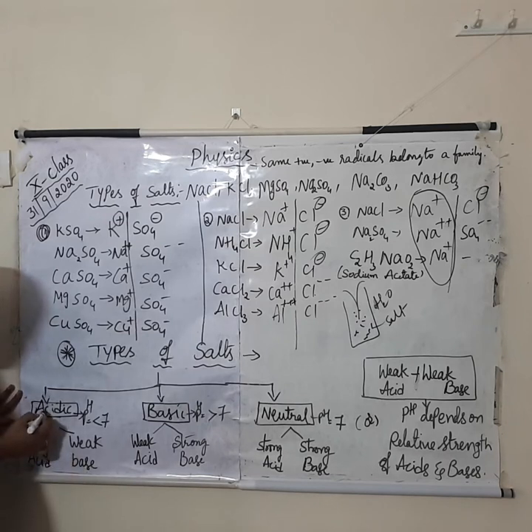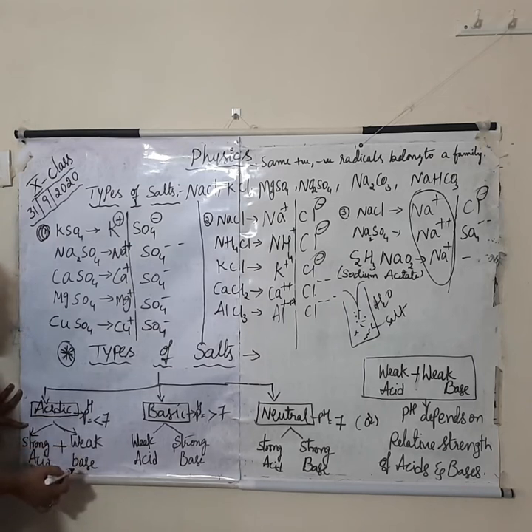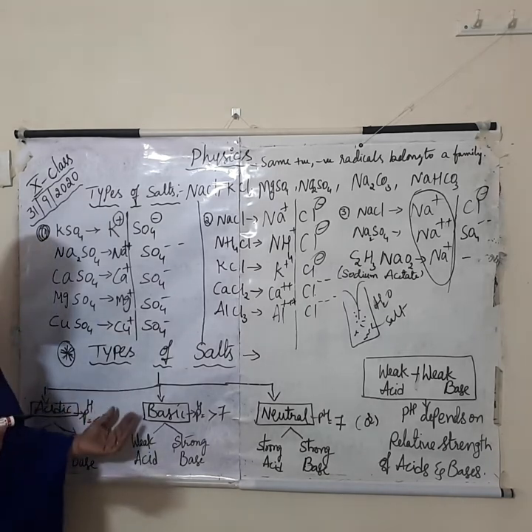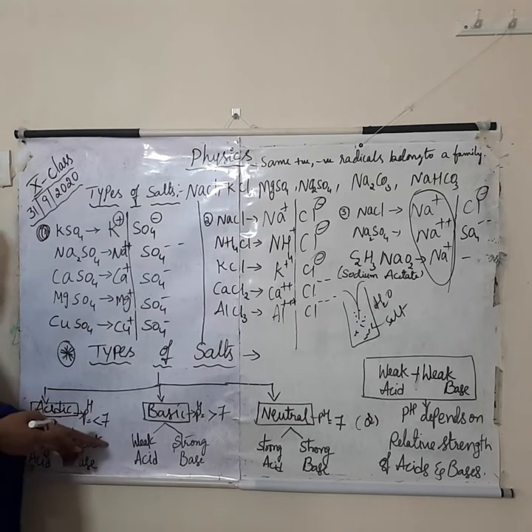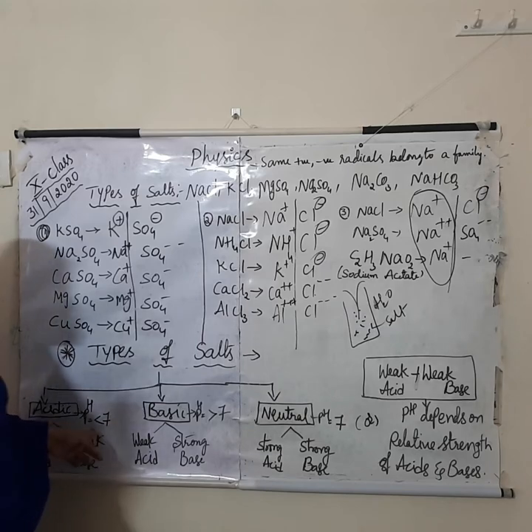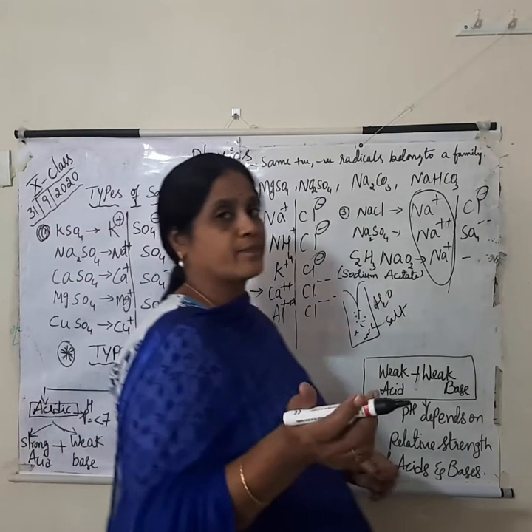But acidic salt means you must take a strong acid. It is the combination of a strong acid with a weak base. Then the resultant salt has an acidic nature, and its pH is less than 7. So the acidic salt pH value is less than 7.